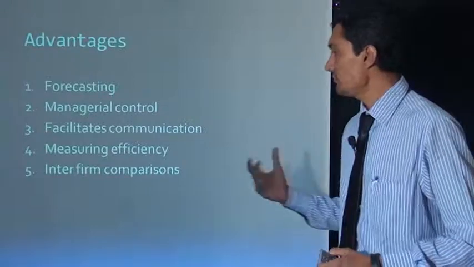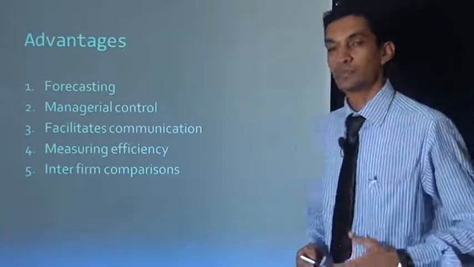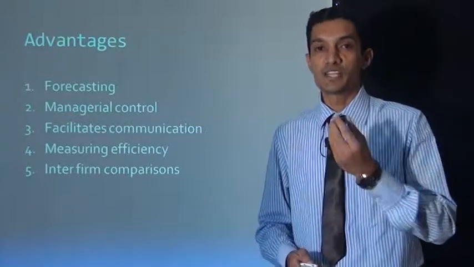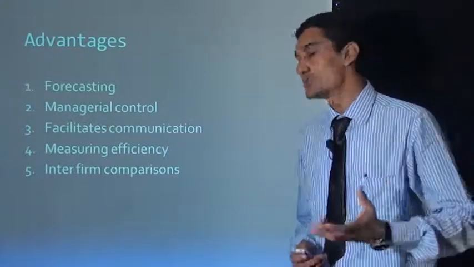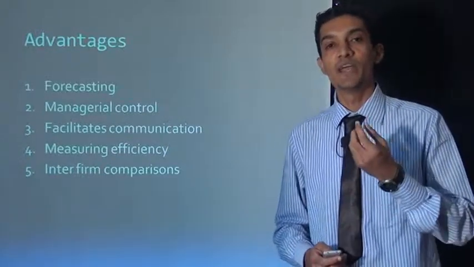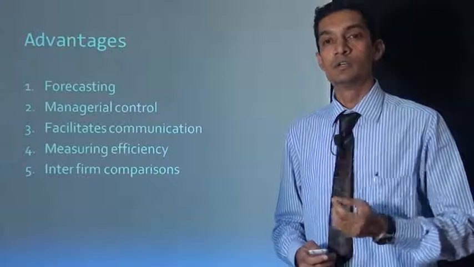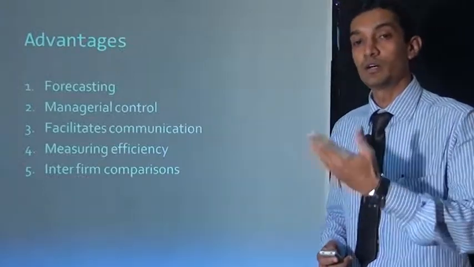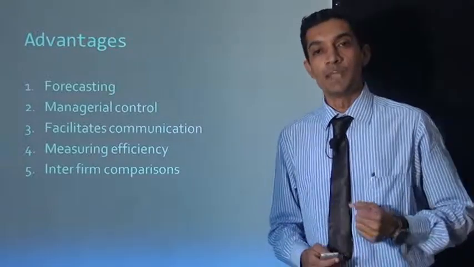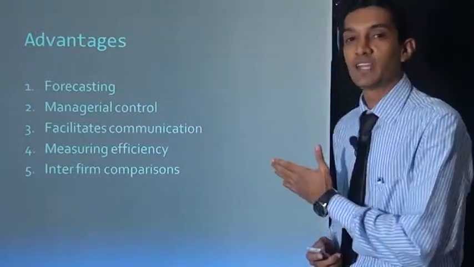Number 3, facilitating communication. Communication means giving a message to anyone. So ratio facilitates communication: ratio gives a best or desirable relationship or communication to others. Number 4 is measuring efficiency.